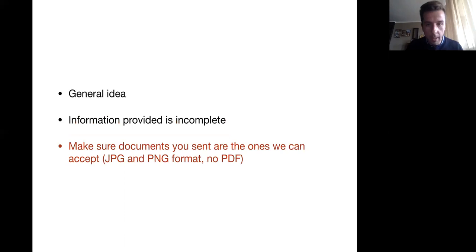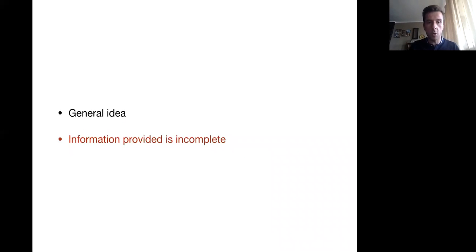Now, okay, before going to the second point, just one more point to make. People sometimes send us documents which have certain incomplete details. However, per GDPR regulation and per general legal rules, if you will, we are not in a position to tell you exactly what's wrong.